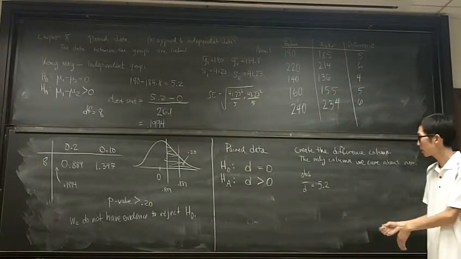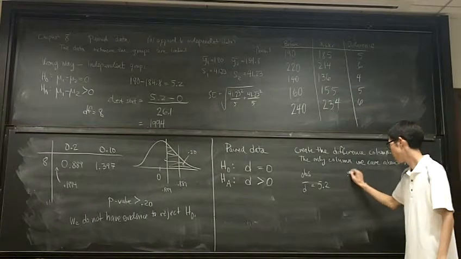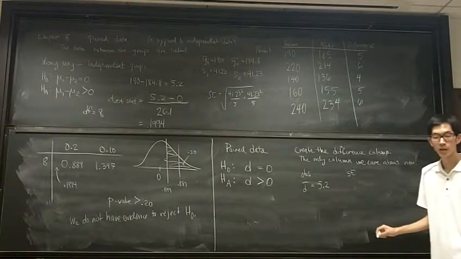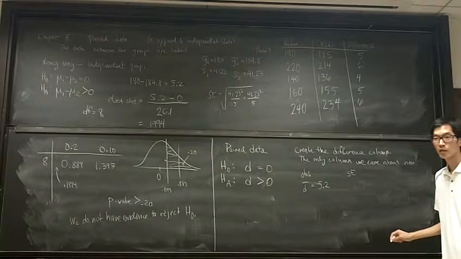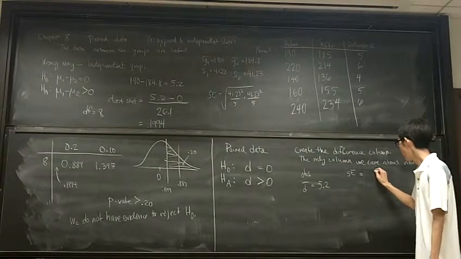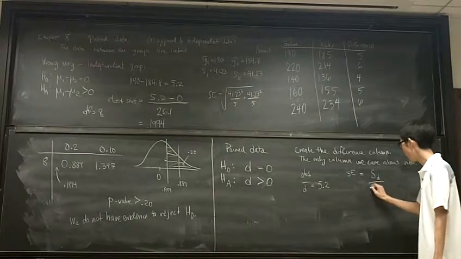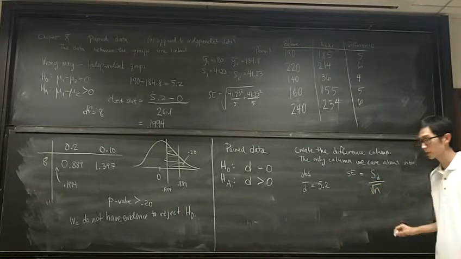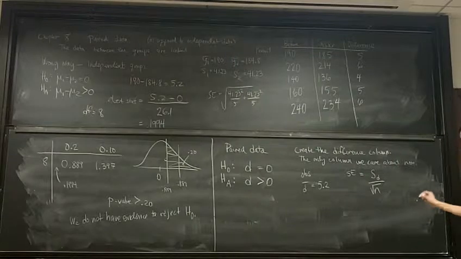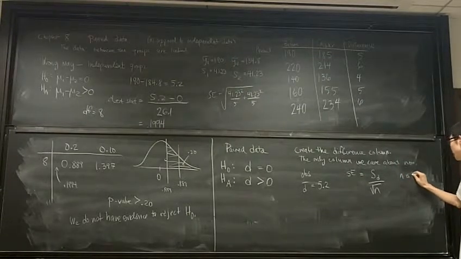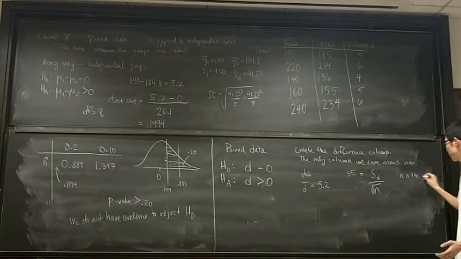And then my standard error here, what is my standard error? It's going to be the standard deviation of the differences divided by the square root of n. But n is now the number of pairs, or the number in the difference column.